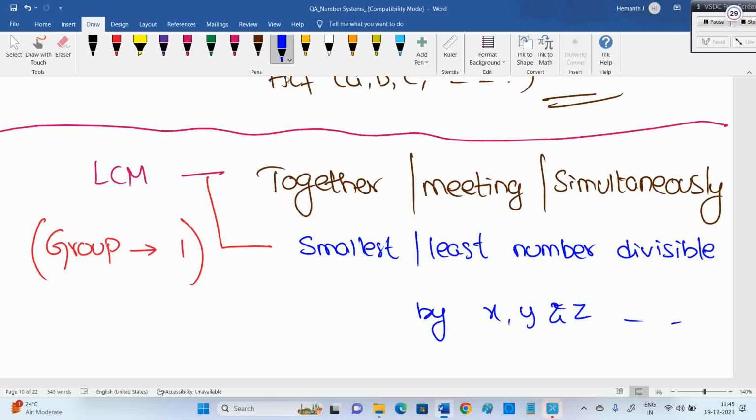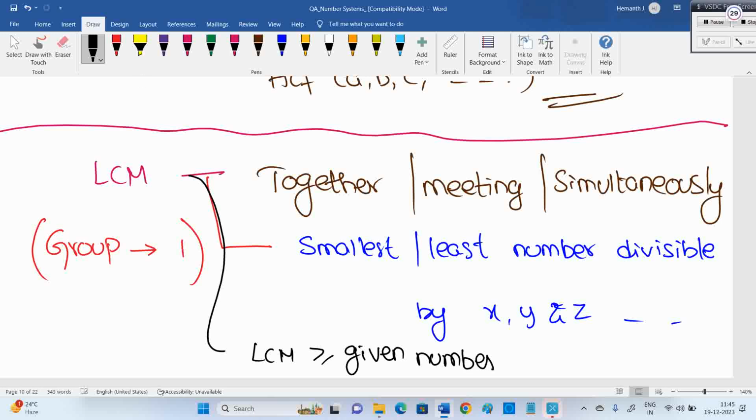And when you see the smallest or least number divisible by a group, then think about LCM. And one more thing, a group divided by one number, also think about LCM. And one more point we gave in the previous session: if the options are greater than or equal to the given numbers, then think about LCM.